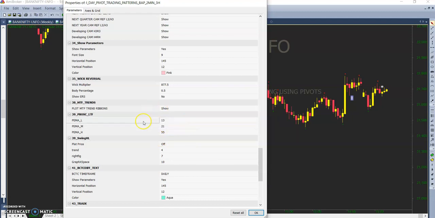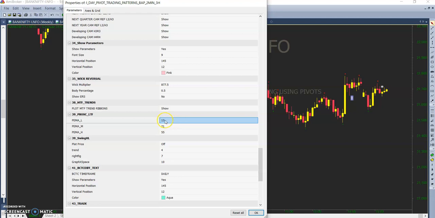And this is basically the pivot based oscillator moving average time frame. This pivot based oscillator is used for various strategies. So if you want to play around with the numbers, you can play around here.